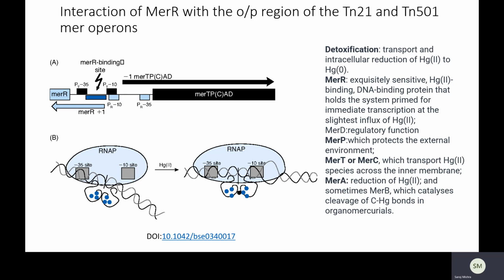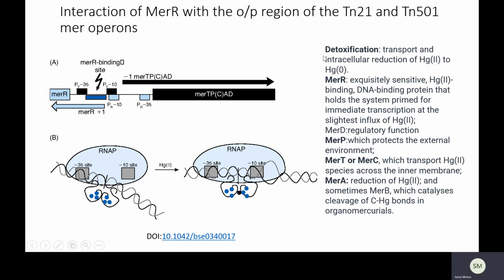Now, how does it really function? When a microorganism becomes tolerant to mercuric ions, that means its biological activity is not going to be inhibited in the presence of mercuric ion, but rather it detoxifies. So what is the meaning of detoxification here? In the case of naphthalene, detoxification means having the ability to break down naphthalene to an intermediate product, and finally it gets completely mineralized to carbon dioxide and water.